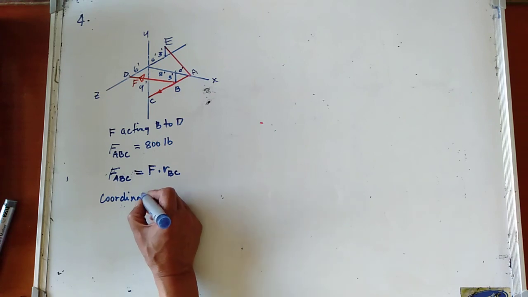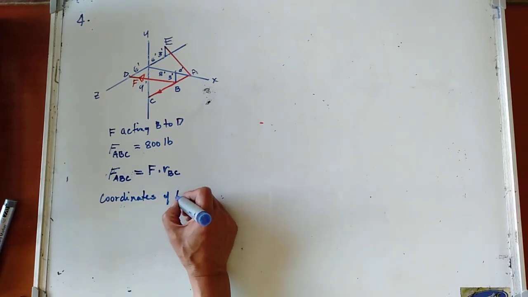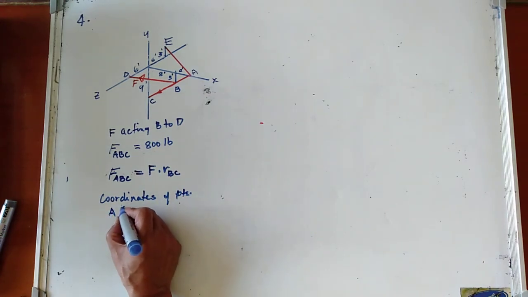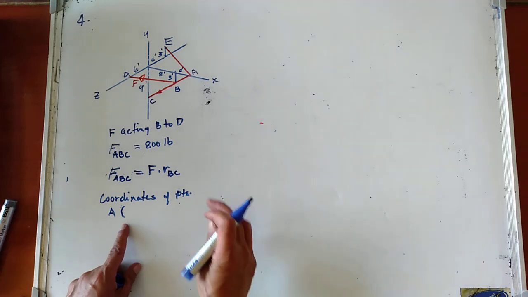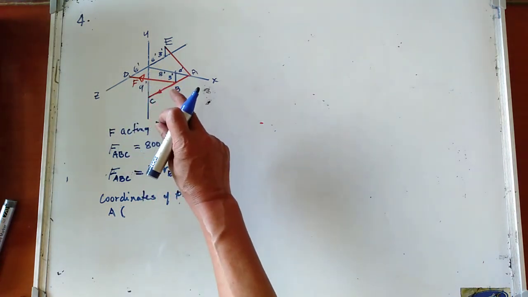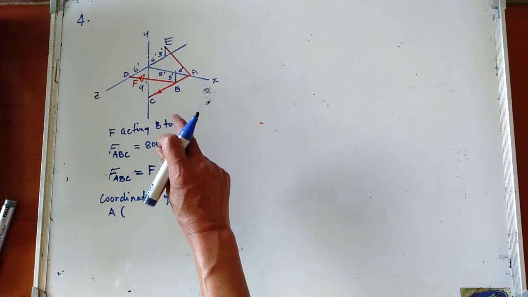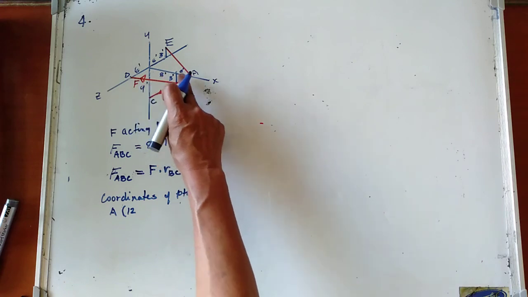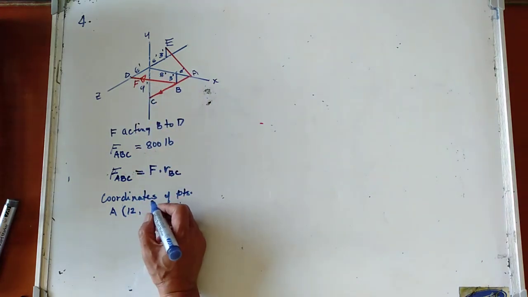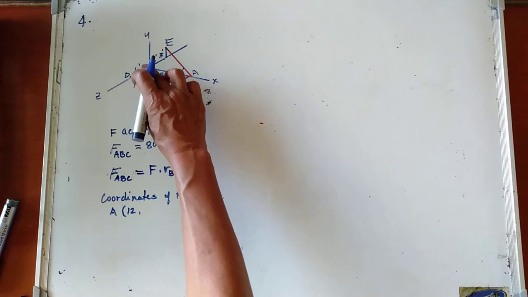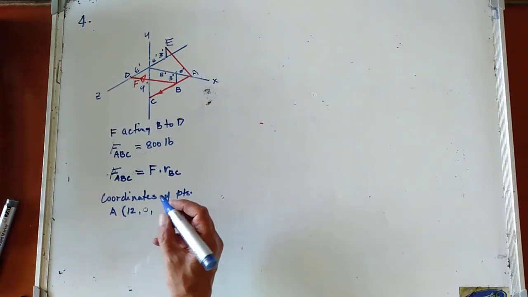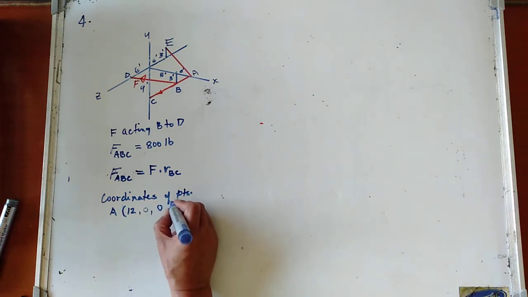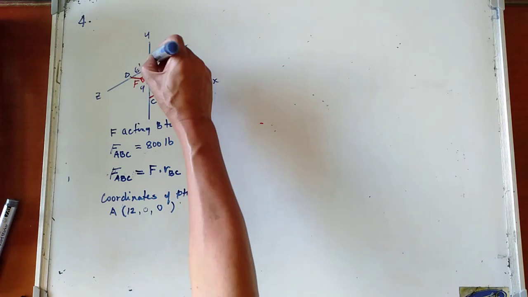The coordinates of point A: your x coordinate is 12, this is the x-axis, 8 plus 4, 12. Your y is equal to 0, and your z is also equal to 0.